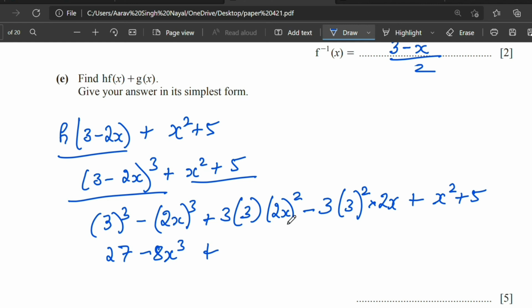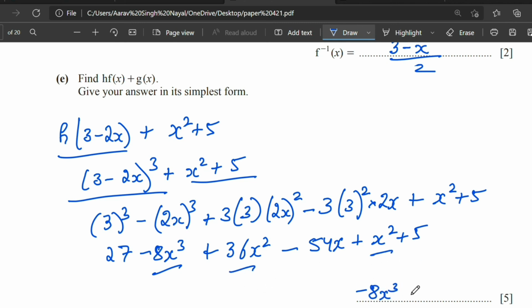This will be plus 36x square, and this will be minus 54x plus x square plus 5. So now we can write the final answer as minus 8x cube plus 37x square minus 54x plus 32. So that's our answer.